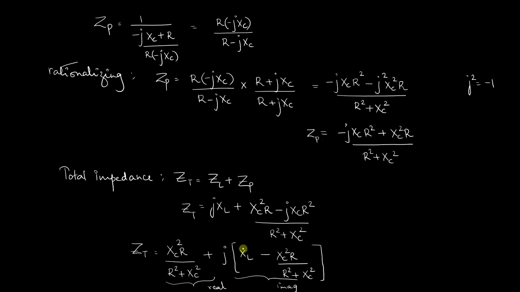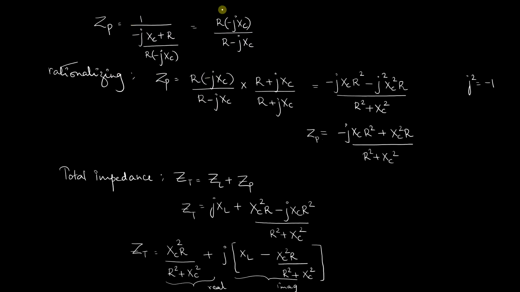Now let us equate this imaginary part of the equation and see what happens. So at resonance, as we have seen, let me name this as equation number 4.